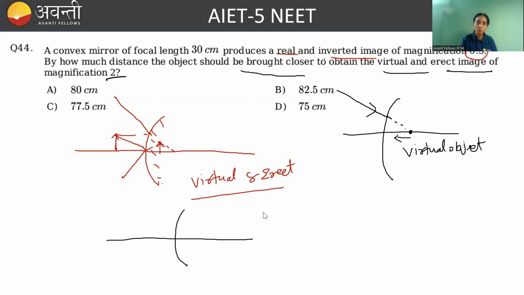Now the point is, if the object is virtual, the image formed will always be real. Done. In that case, the image getting formed can't be virtual. So this second statement can't be explained. This is wrong, and that is why this question is wrong. Because if the object is virtual, no matter what the mirror, convex or concave, the image getting formed will be real.